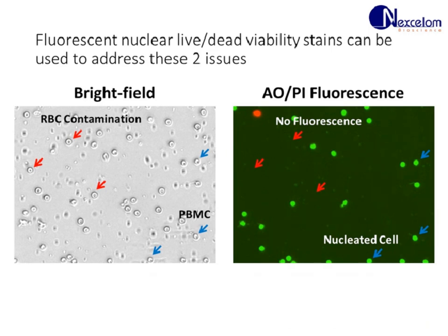However, in the fluorescence, because we are using acridine orange and propidium iodide, the live cells are green fluorescent positive, and the dead cells do not have the green fluorescence. They only have the red color, whereas the RBCs, because they don't have a nucleus, won't have fluorescence.